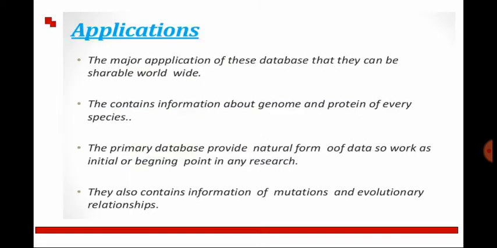And the last one is the application of all these databases. The major application of these databases is that they can be shared worldwide. These databases are available all over the world, so you can easily find out what you want to know.